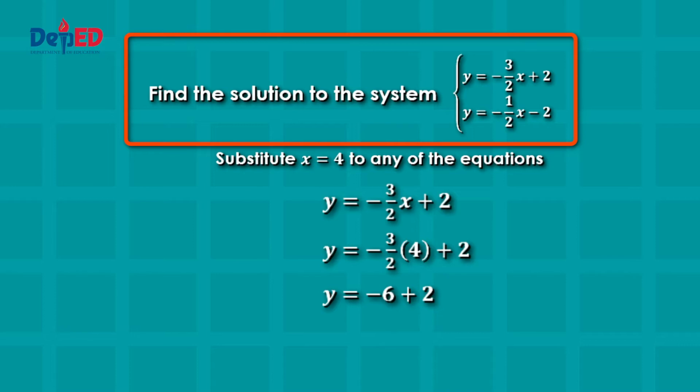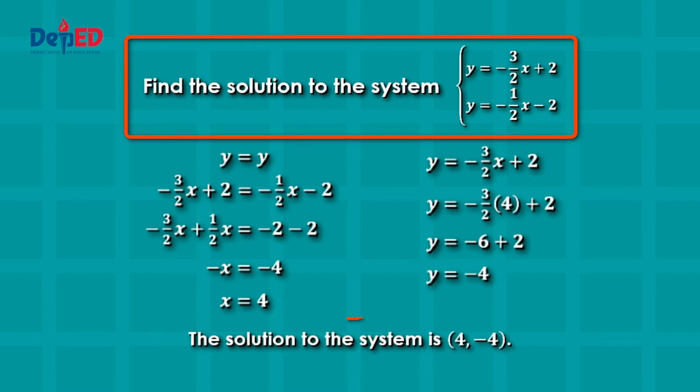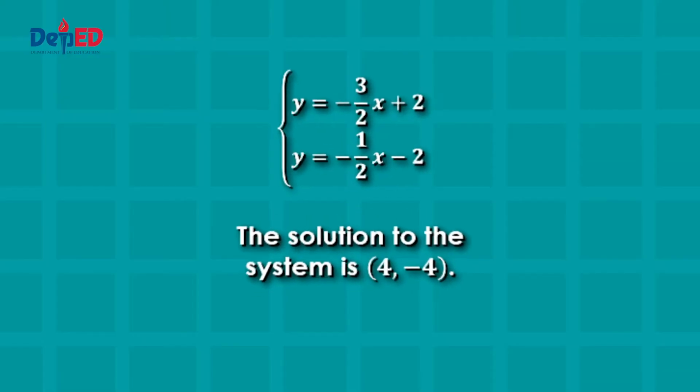What is their sum? It is negative 4. So again, x is equal to 4 and y is negative 4. These values give us the coordinates of the point where the two lines meet, (4, -4). Therefore, the solution to the system without graphing is (4, -4).